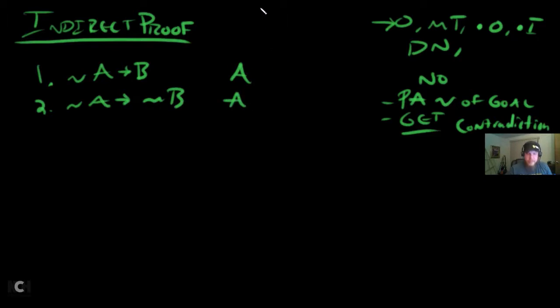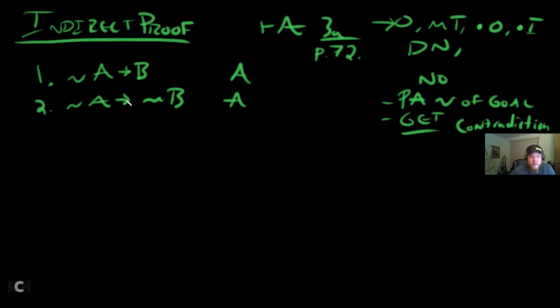And we want to get just plain old A by itself. Okay, that's what we want to do. In fact, this is actually 3A out of your book. That is, it's 3A on page 72. So I'm going to go ahead and do that here to explain indirect proof. So it's page 72, 3A.